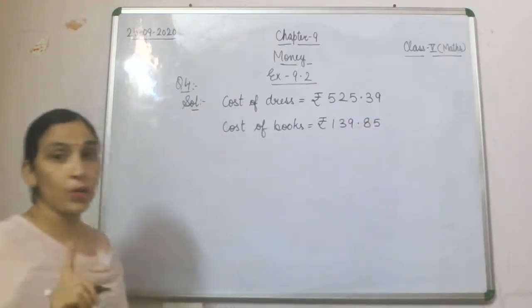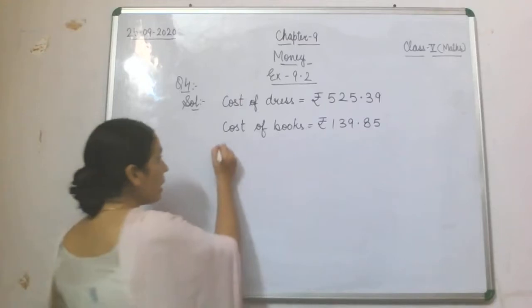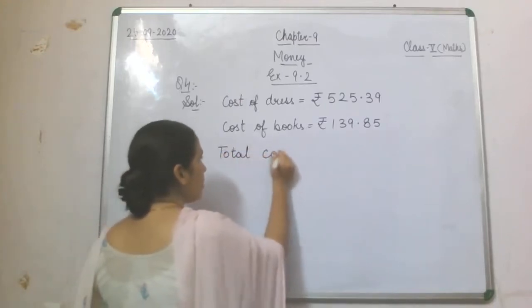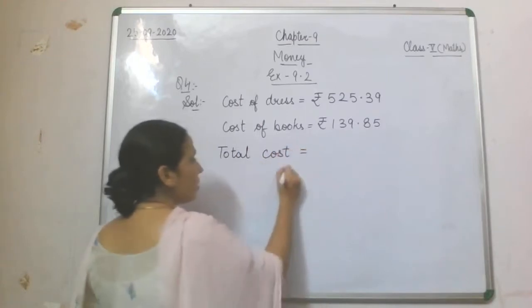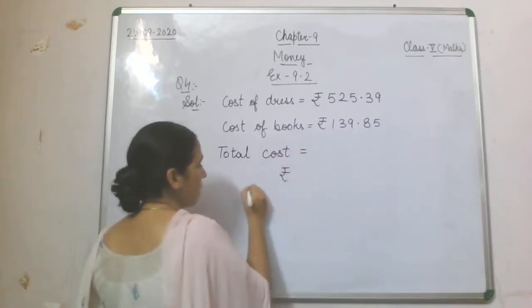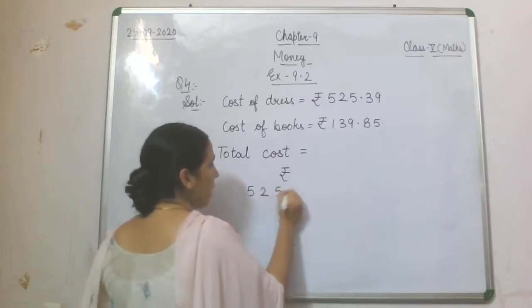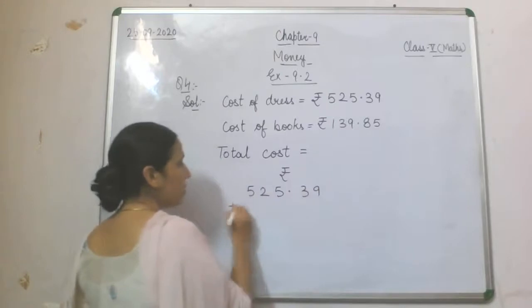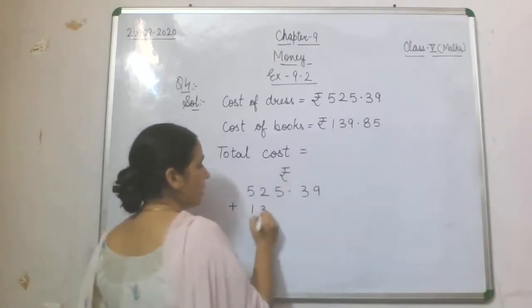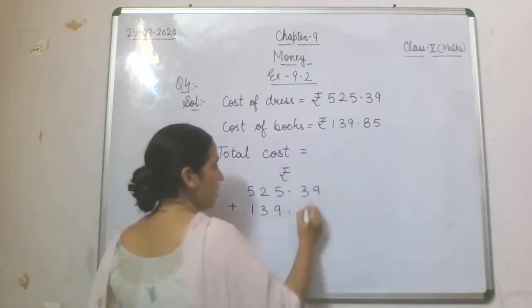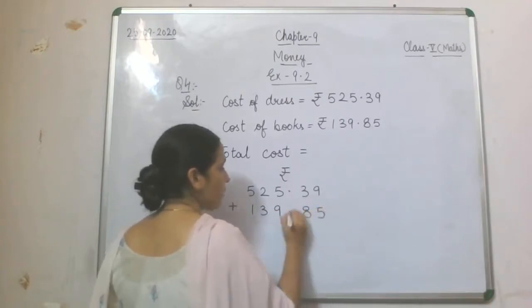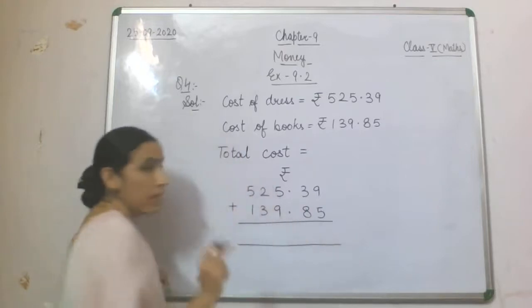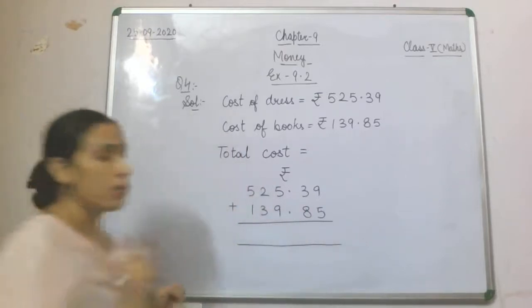Now what is required to find out? That is the total money he spent. Then we will find out the total cost. Then we'll write rupees 525 and how much paisa is there? 39. Then we'll do addition. 139 and how much paisa? 85 paisa is there. So now what will we do next? We'll do the addition. 9 plus 5, what will be there? 14.